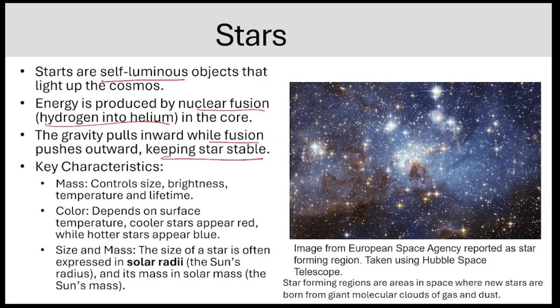And the key characteristics of a star are mass and color. The mass determines the star's size, brightness, temperature, as well as its lifetime. And the color of the star also tells us about the temperature of the star. The color depends on the surface temperature, as we know from the previous chapter where we talked about black body radiation.